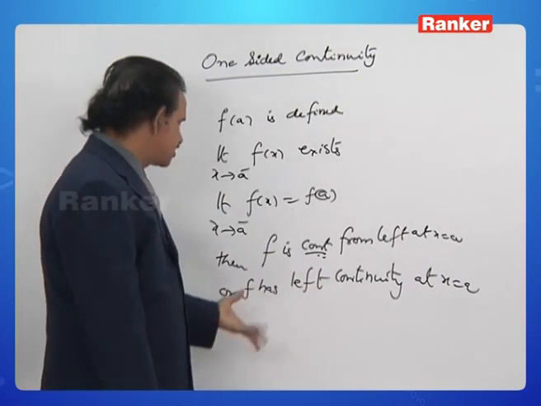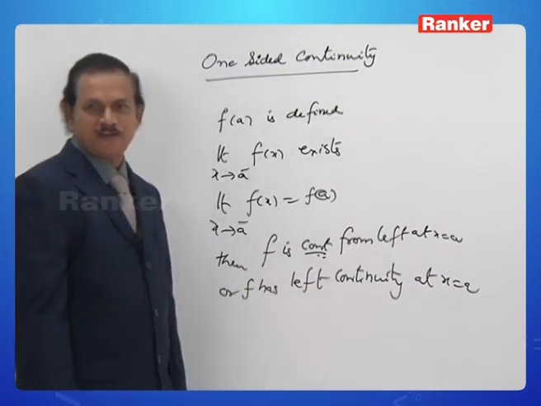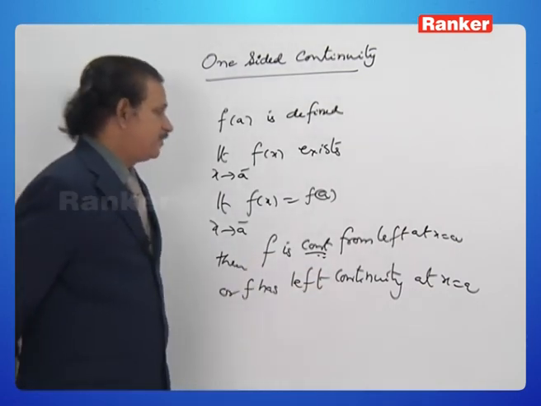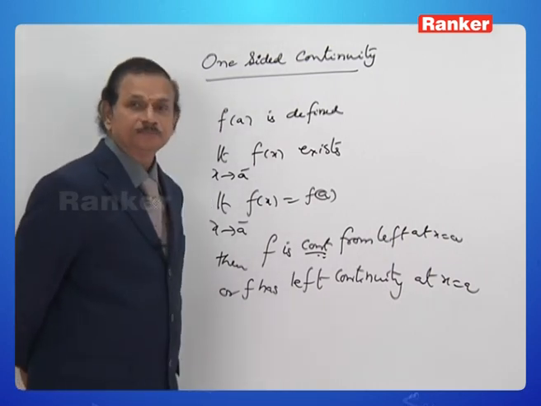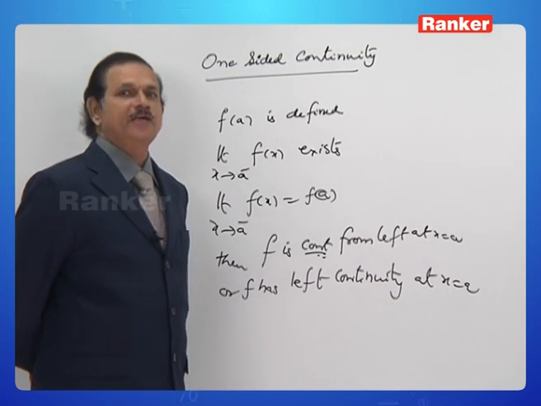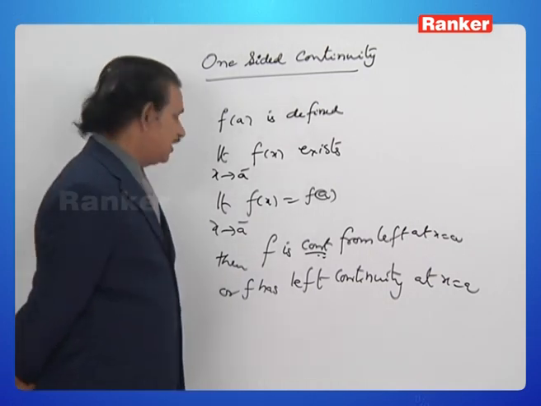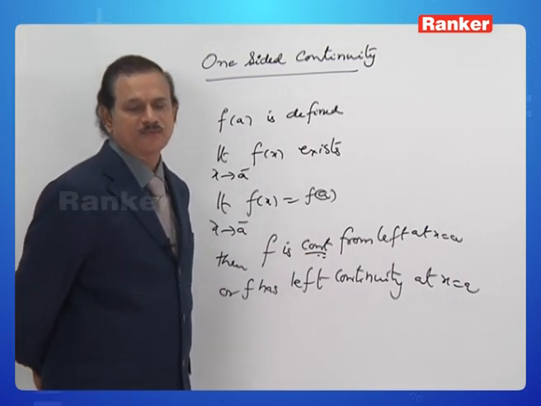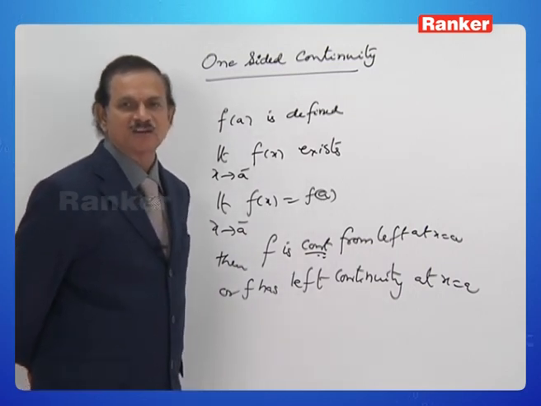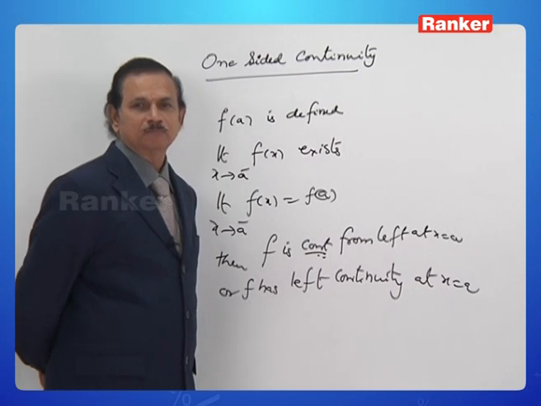If these three conditions are verified, then we say that f is continuous from left at x is equal to a, or in another way we express it as f has left continuity at x is equal to a. Both are meant in the same way. There is no particular symbol to represent the same.